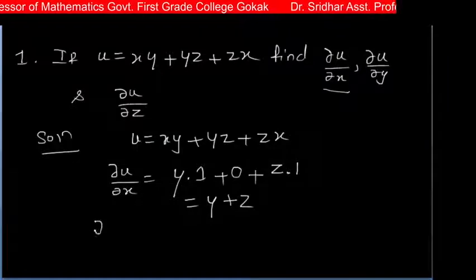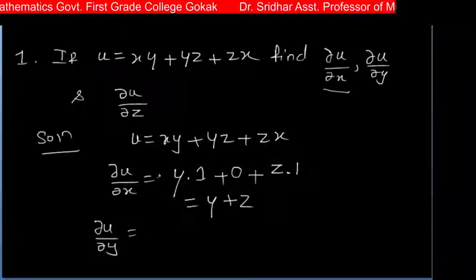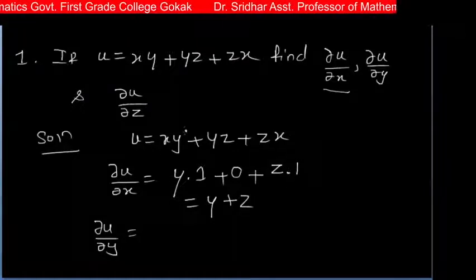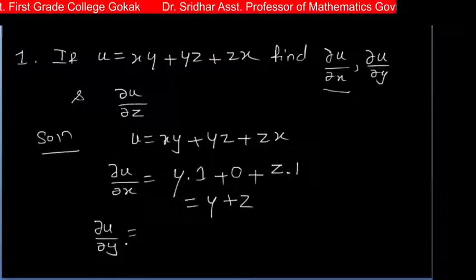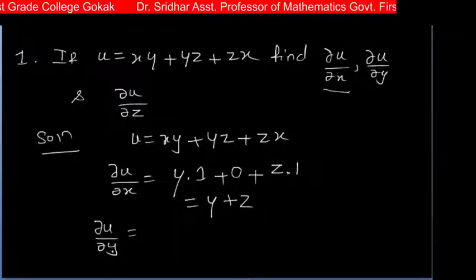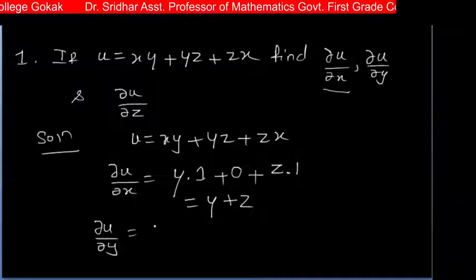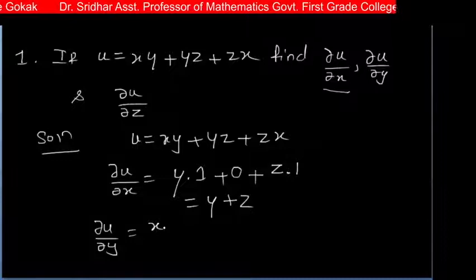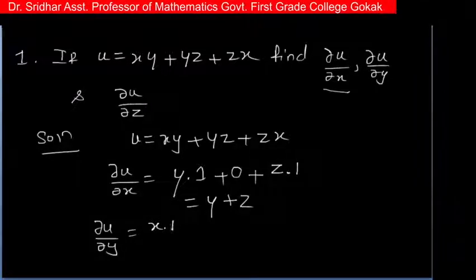In the same way we find ∂u/∂y. In this case x is constant because we are differentiating with respect to y, so we write x as it is. Next, differentiation of y with respect to y is 1.